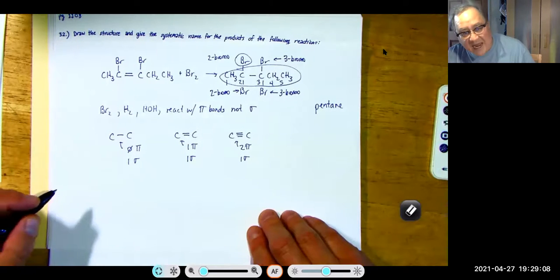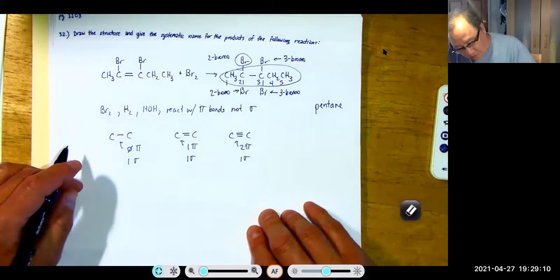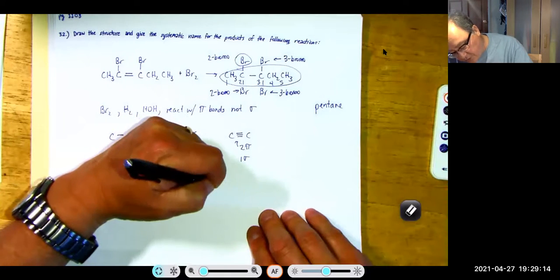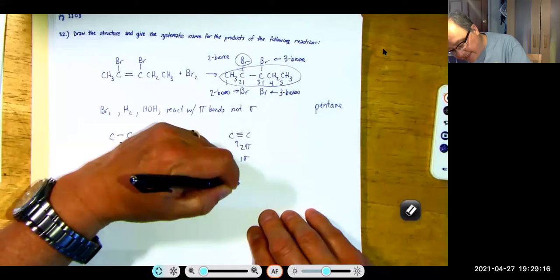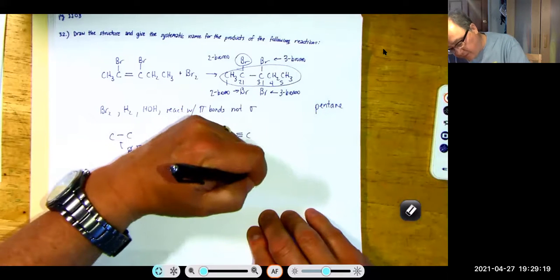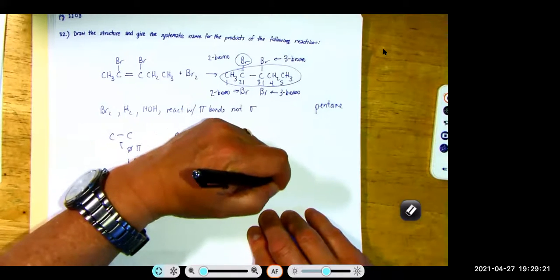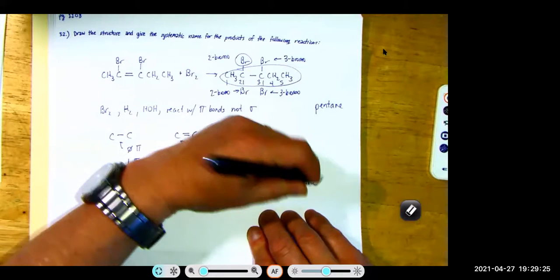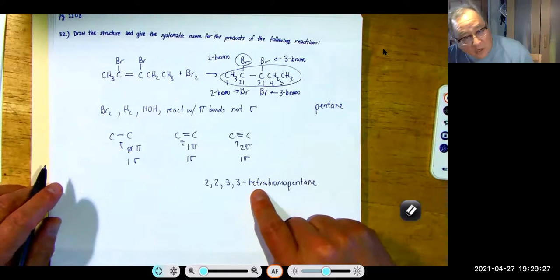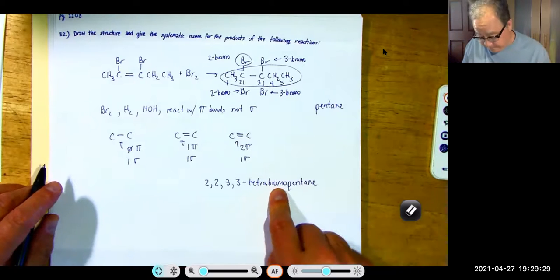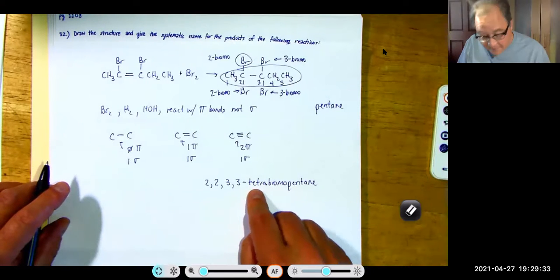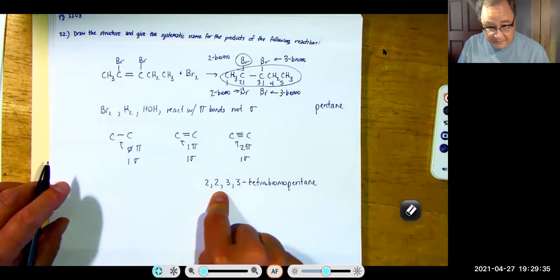Are chemists going to say bromo 4 times? No. So they will say 2, 2, 3, 3, tetrabromopentane. So this prefix tells you how many bromines, right? Yeah. And if you have a prefix that says tetra, how many numbers do you need out here? 4.